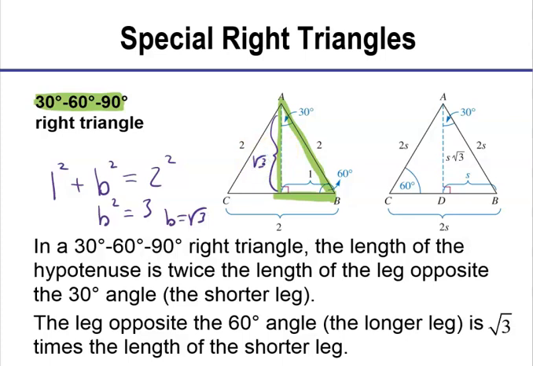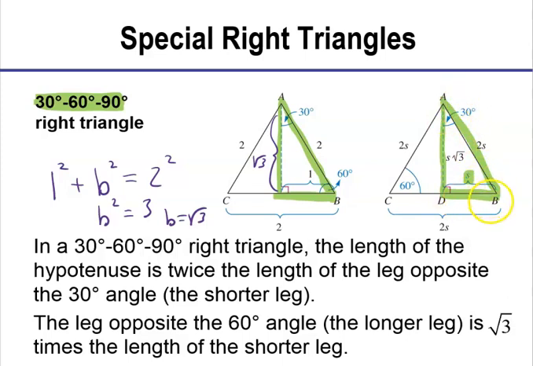Okay. Well, again, it turns out, now we're moving on to the more generic case. If your base is length s, that means your side across from the 90 degree angle is 2s. Now let me point out something more about the base too. The base is the side across from the 30 degree angle, the smallest side.